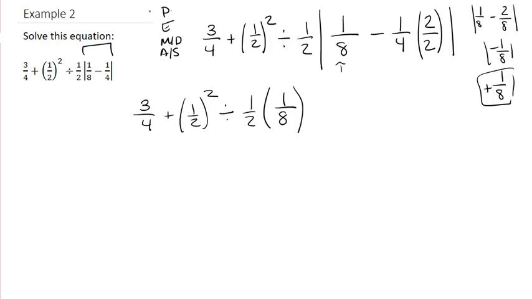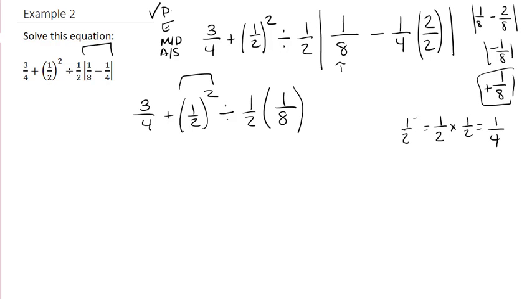So now we've dealt with our parentheses. The next thing will be to deal with our exponents, which we have one right here. How we handle that would be to multiply 1/2 times 1/2. So let's do this on the side to save some room. 1/2 times 1/2 is equal to 1/4.